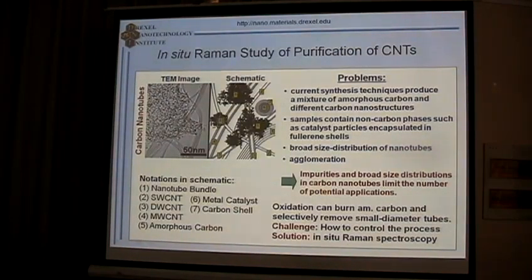Now, I'm going to show you a couple of case studies, just examples of application of Raman spectroscopy to research on carbon nanotubes. One of them is using in situ Raman spectroscopy for monitoring removal of amorphous carbon. In a very similar way, you can also monitor removing smaller tubes from carbon nanotube samples.